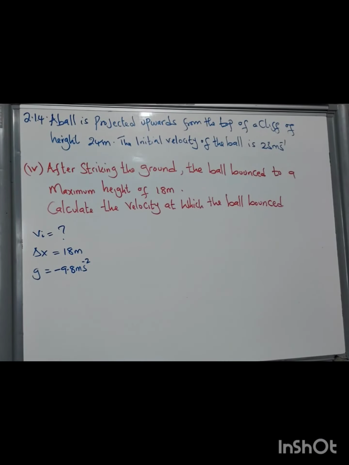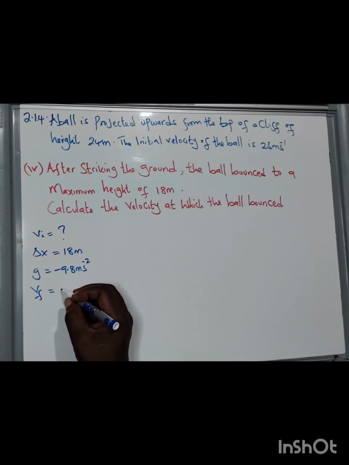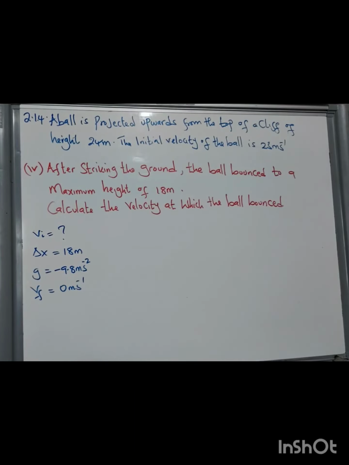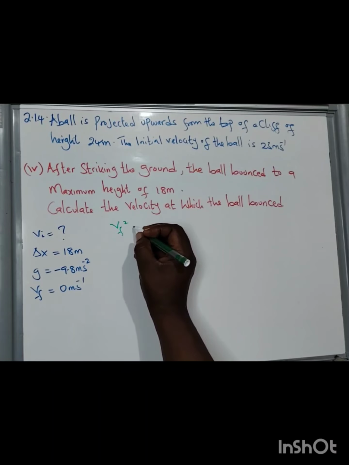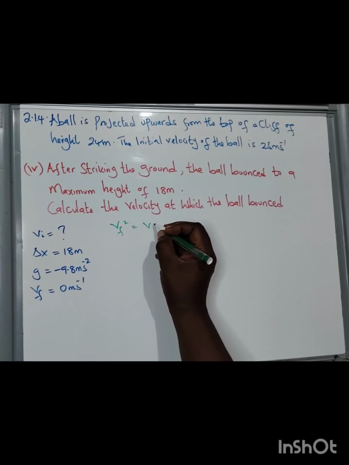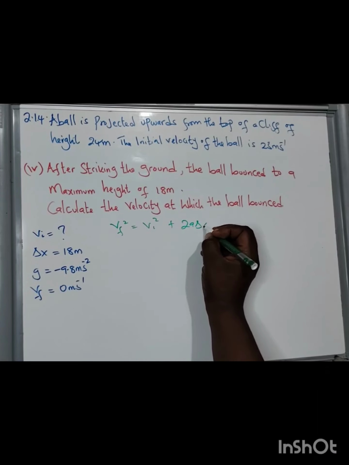And they said maximum height. At maximum height we know Vf, and Vf is 0 meters per second. So from here, you look at the data and decide on the formula to use. The formula is going to be Vf squared is equal to Vi squared plus 2a delta x.